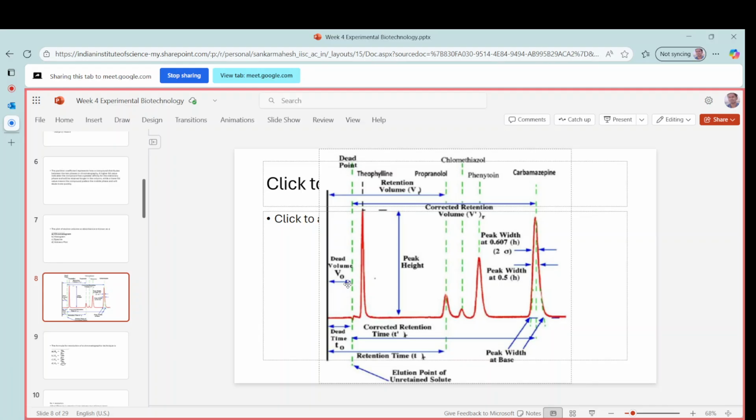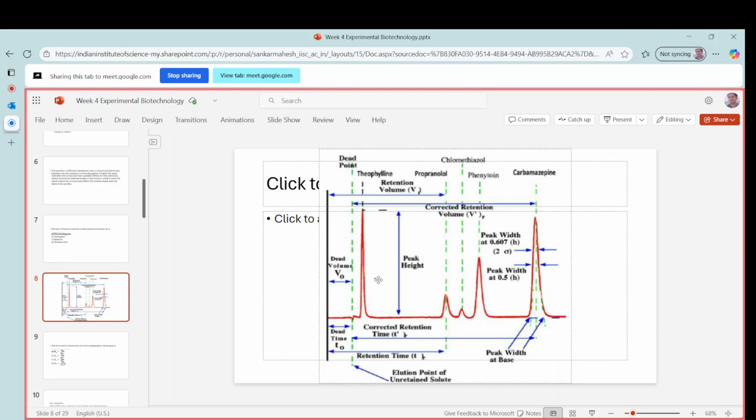For example, in gel filtration chromatography, where we separate proteins of different molecular mass by passing them through columns, if a column has the capacity to separate up to 200 kilodalton proteins, and we add a protein that is 500 kilodalton, that will elute even before entering the column, because the beads can only allow a particular size.